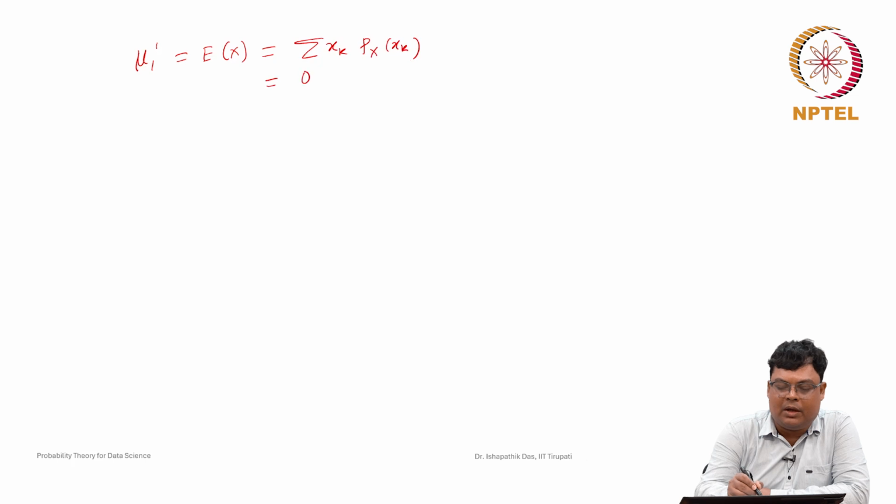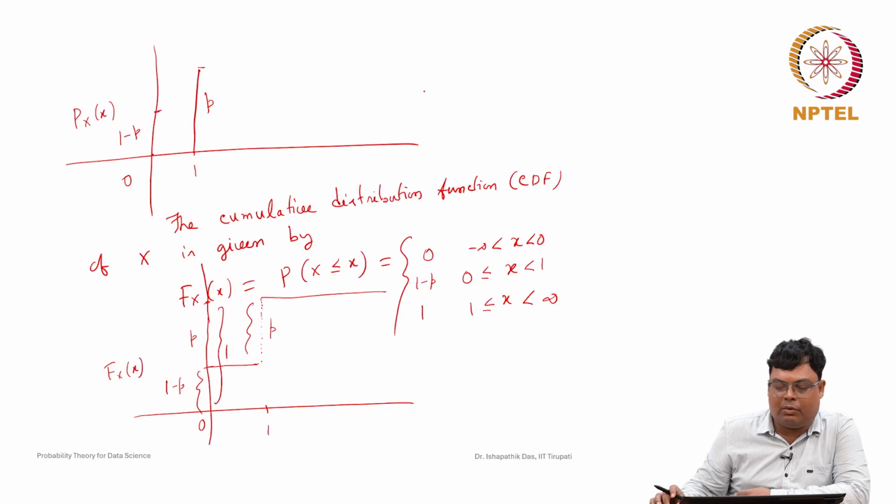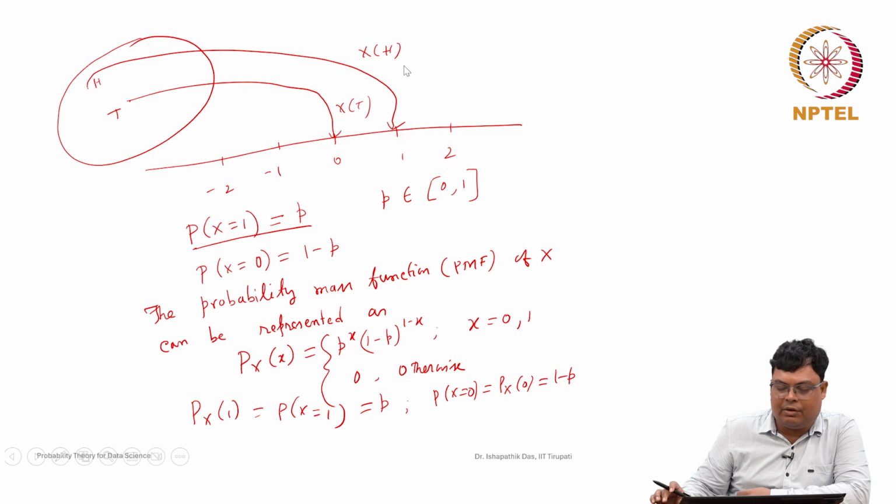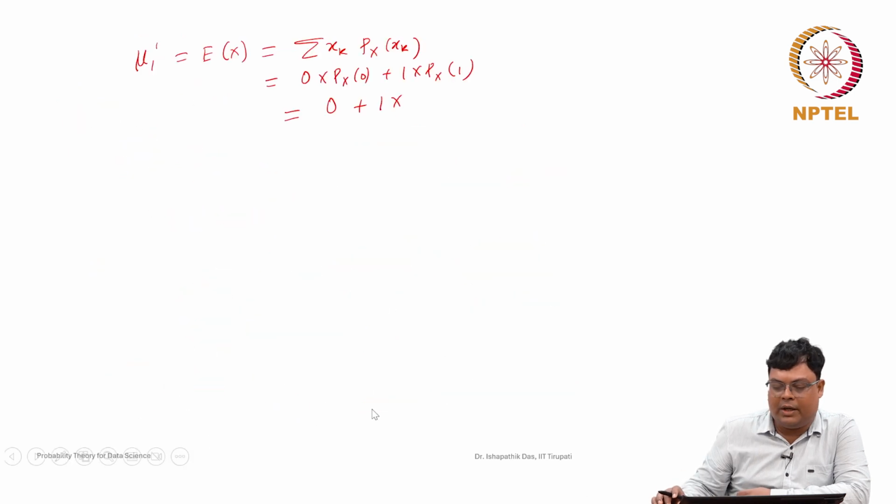So, this is 0 into p_X(0) plus 1 into p_X(1). This is 0 plus 1 into p_X(1). What is p_X(1)? It is the probability that X is equal to 1. From the probability mass function, p_X(1) is nothing but p. So, that is why this is p.